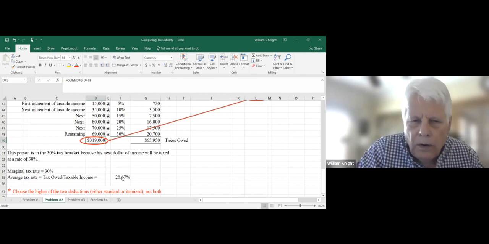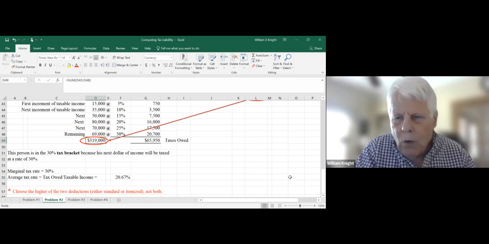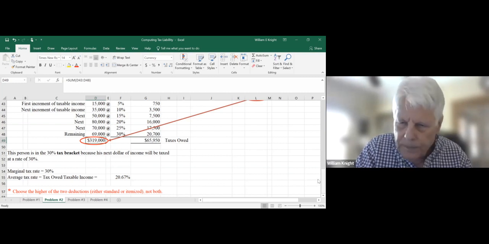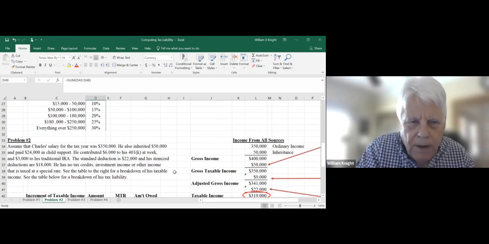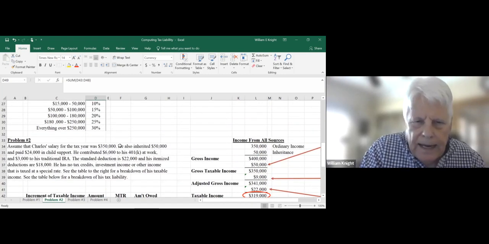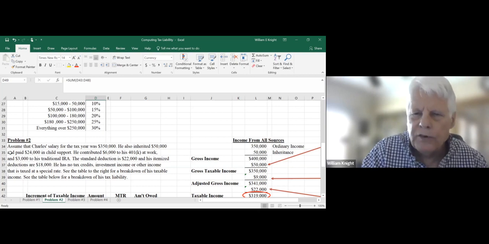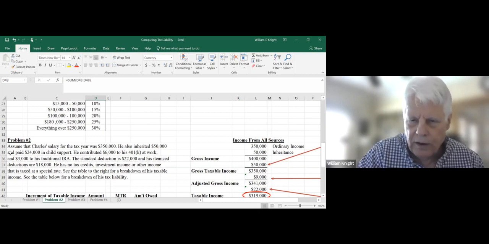So let's go on to problem number 3. Once again, problem number 3 will be just a little more complicated. But before we do, let's go back at this. Charles inherited $50,000, but he paid $24,000 in child support. Now, he paid $24,000. He didn't receive $24,000.